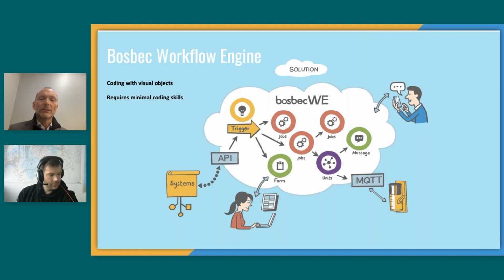You create the solution with visual objects, like you see in the screen here, and you can also connect external solutions that you can involve in the solution that you are building. For this example, it will be innovaphone, but you can also involve more than one system into that solution. And you can then create solutions with minimal coding skills.